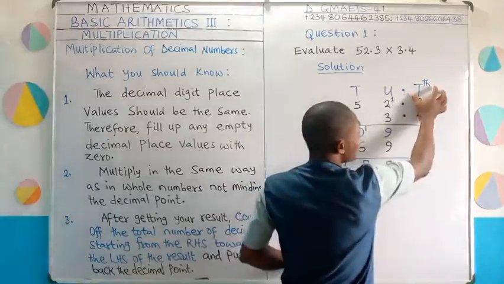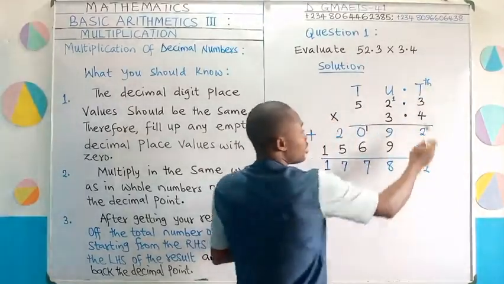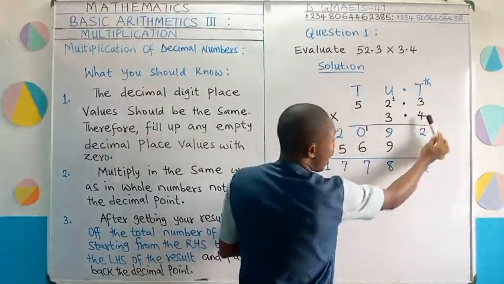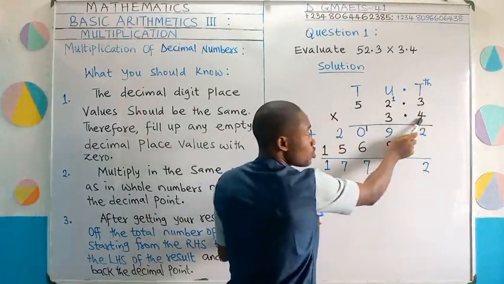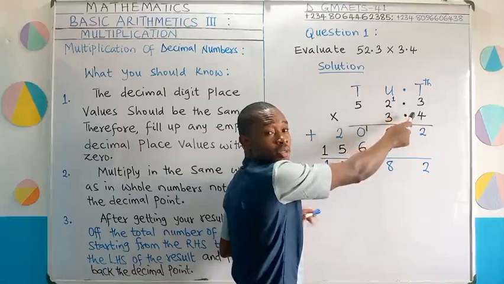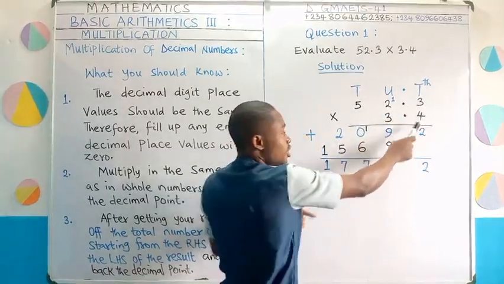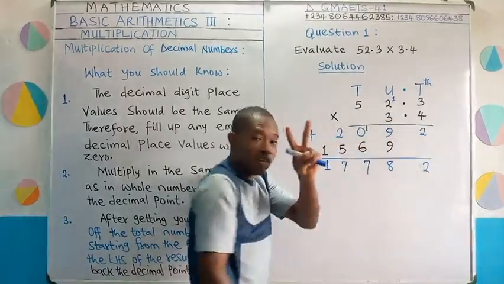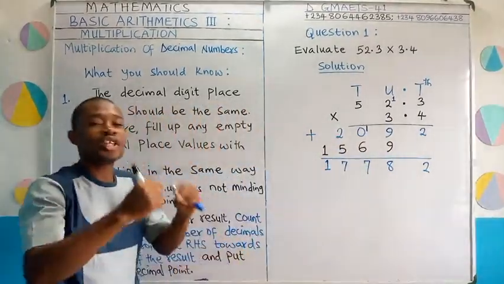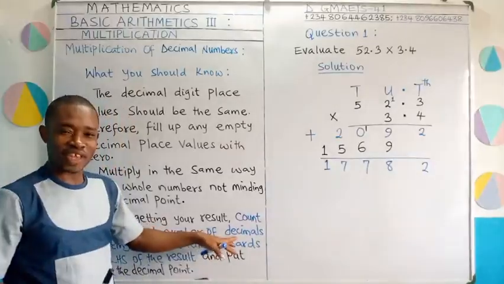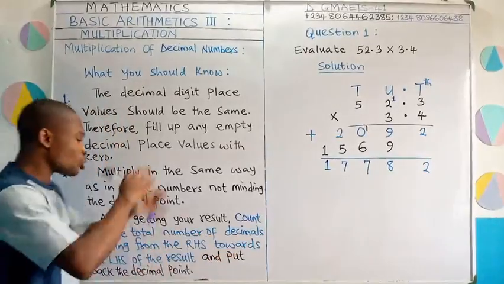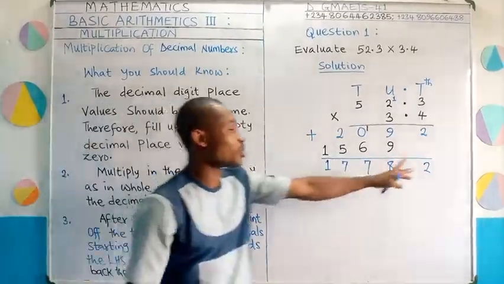If you look at the decimal place value part, the number of decimal digits you have there are 1 and what? 2. This 3 is a decimal digit, making it 1 decimal digit. This 4 is a decimal digit, making it 2 decimal digits. So there are actually 2 decimals. That's the meaning of this. Are you following, right? Count off the total number of decimals, starting from the right.